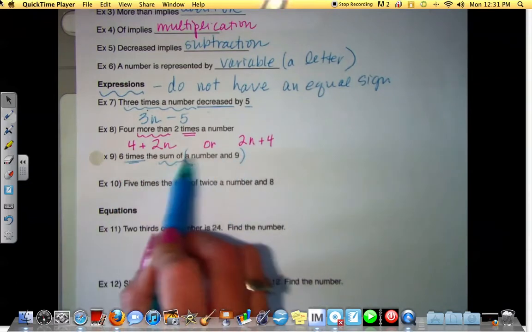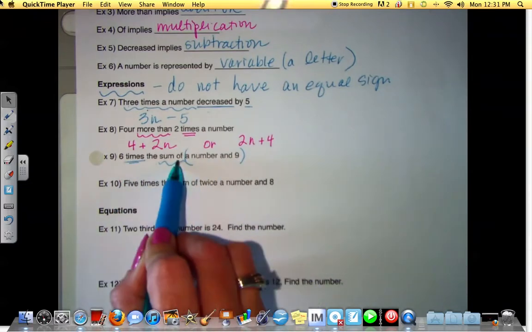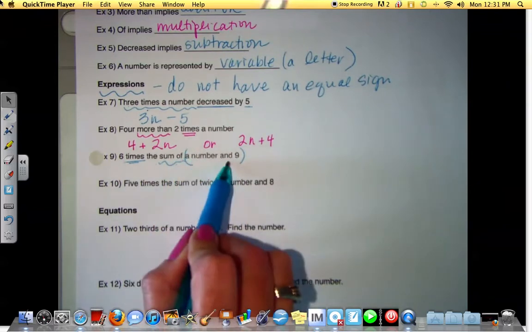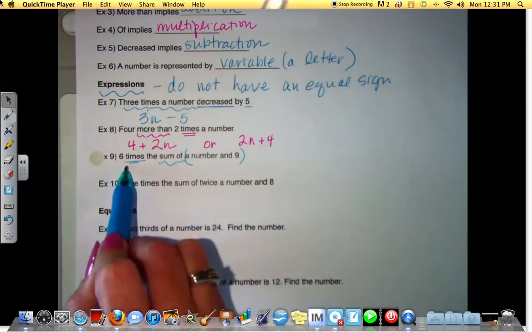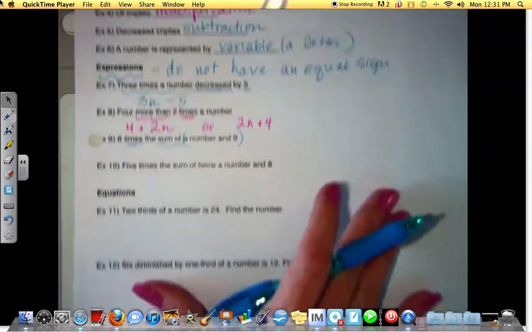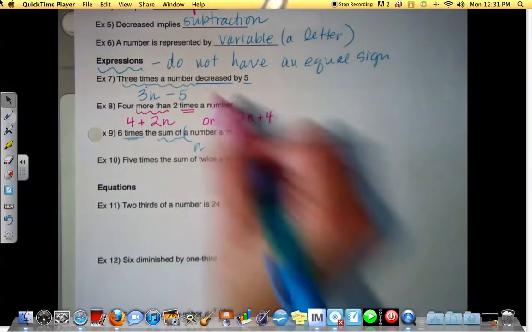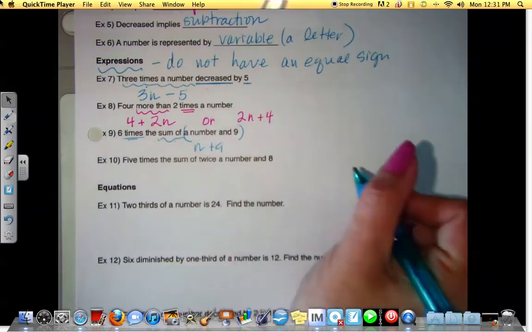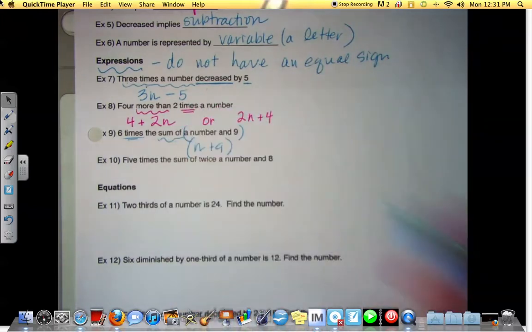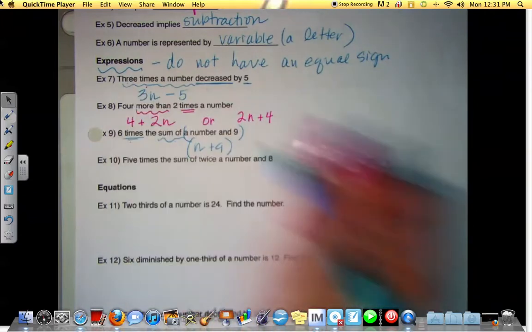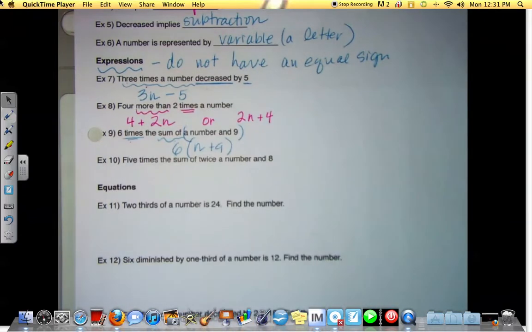So we have parentheses coming in here. We have a number and 9, their sum, so we find the sum first, that's why we have parentheses, and it is being multiplied by 6. And that's done.